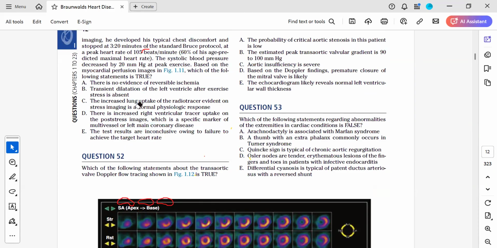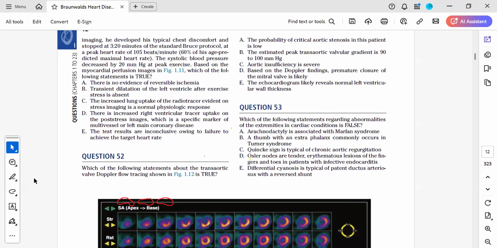As you can see, I demonstrated at the short axis that there's a defect. And I said when such defects occur, it means it's reversible.